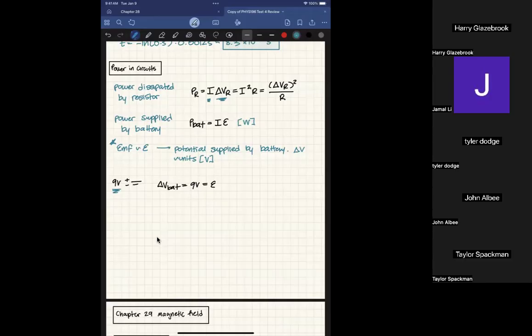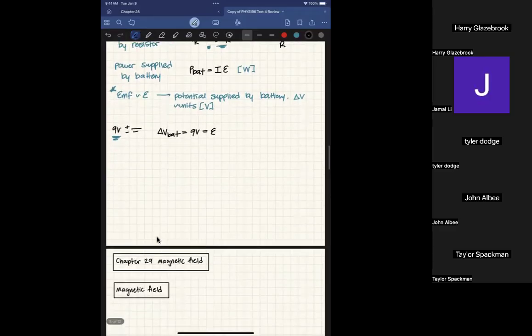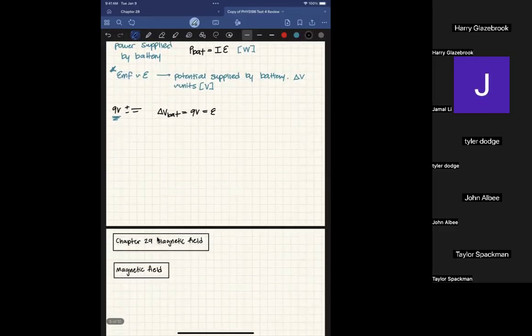How do we tell if a problem is using ideal batteries or real ones? Oh yeah, for internal resistance and stuff. I'll put a little note here, actually. That's a good point, so that's one part I skipped over. You're always going to use ideal batteries unless they tell you otherwise.